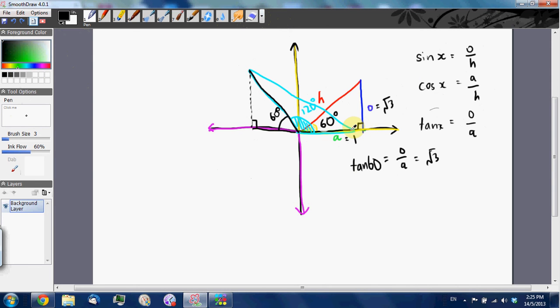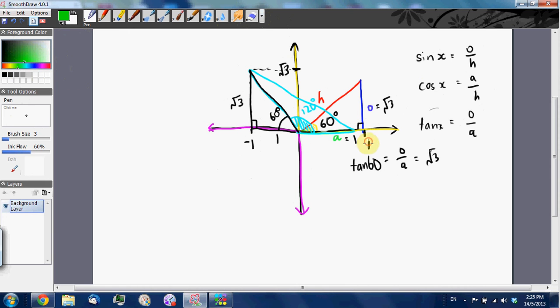From this we know that the opposite to adjacent would be root 3 to 1, correct? But remember, this length root 3 is positive, while on the negative side of the number line, this 1 is actually negative 1, as compared to here, where this is a 1.